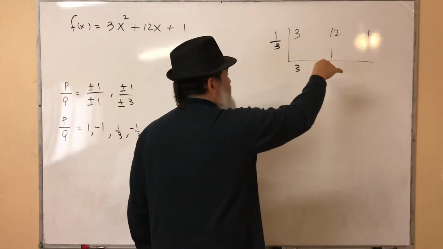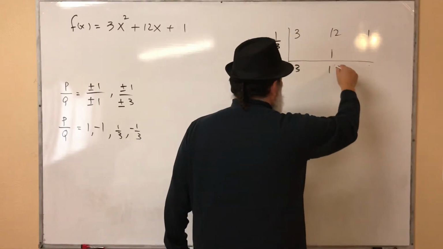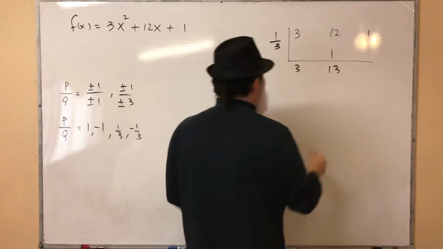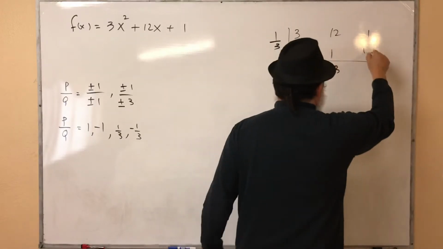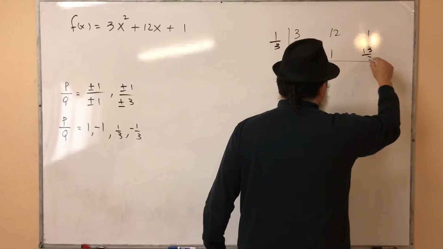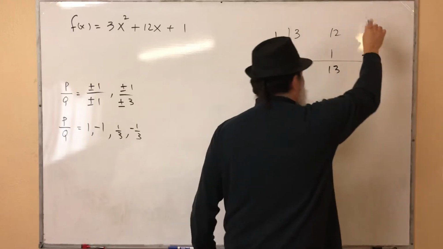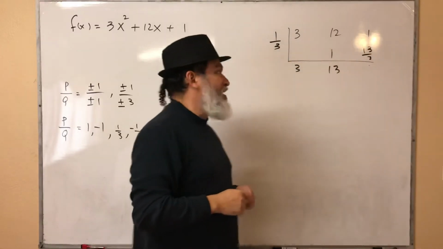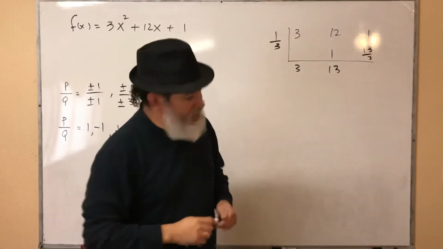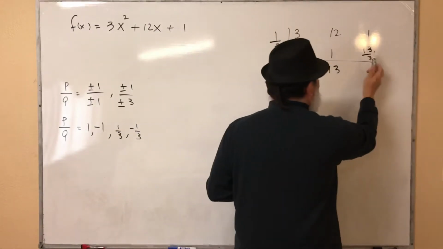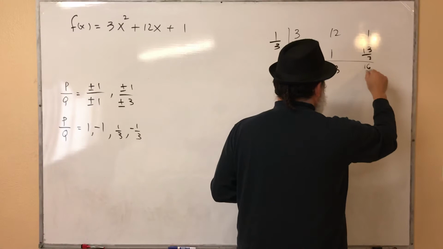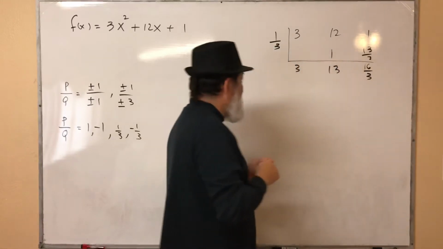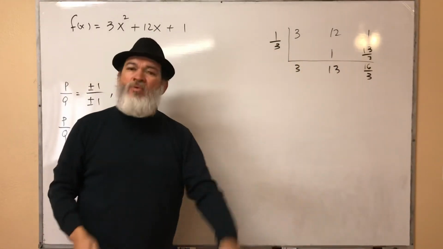Add, 13. Multiply, 13/3. Add. What's 13/3 plus 3/3? Is that 16/3? Is this a 0? No.